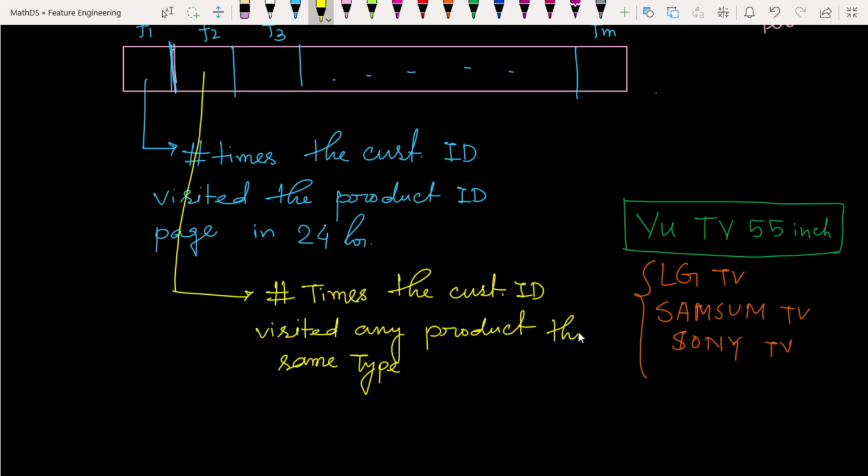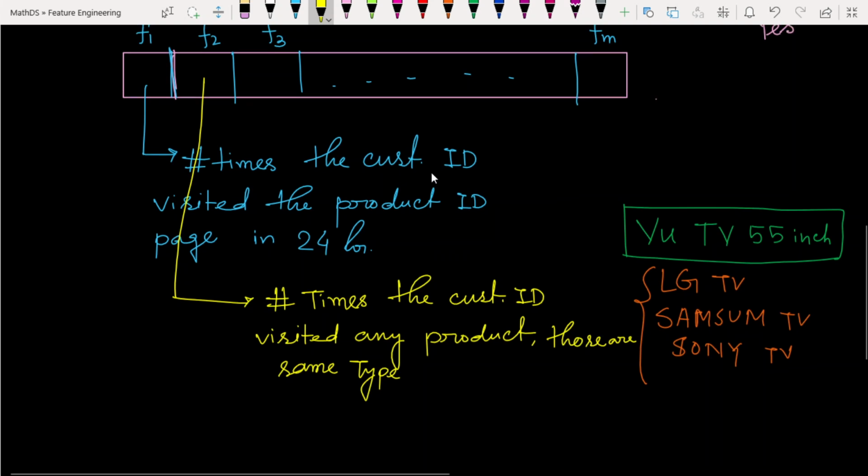How many times the customer ID visited related products at the same time. Okay, this will be another feature.